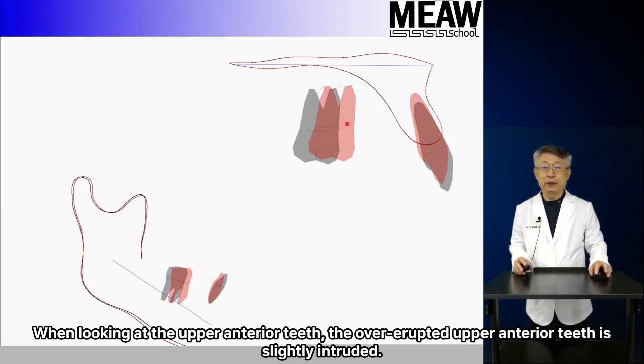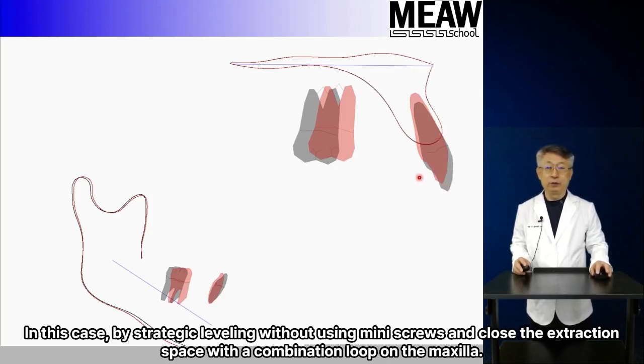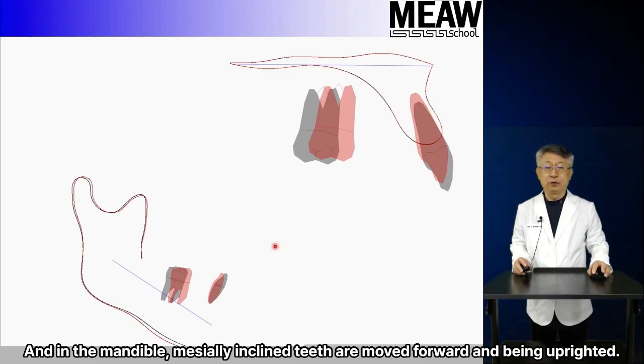When looking at the upper anterior teeth, the over-erupted upper anterior teeth are slightly intruded. In this case, by strategic leveling without using mini screws, the extraction space is closed with a combination loop in the maxilla. And in the mandible, mesially inclined teeth are moved forward and uprighted.